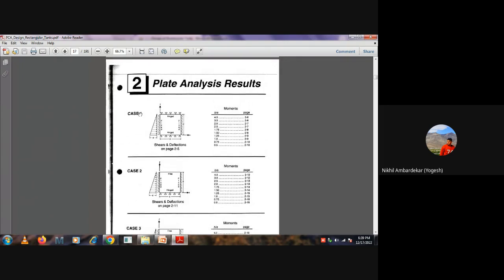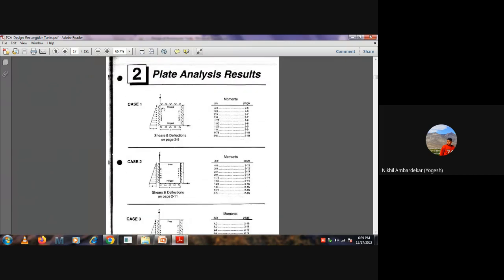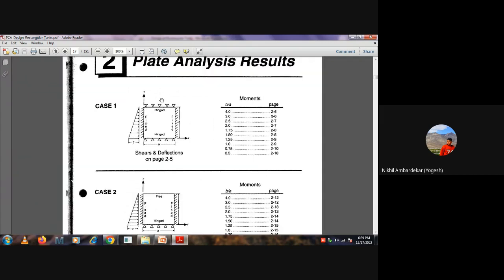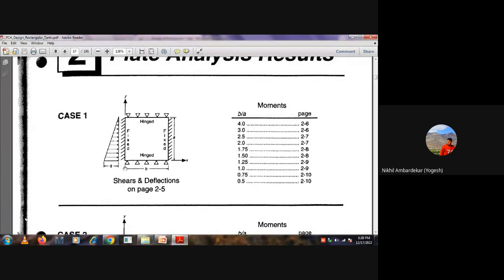Load cases like case 1, case 2, case 3, and you can see there are some aspect ratios also. If I go to case 1, this is the elevation of a wall panel.